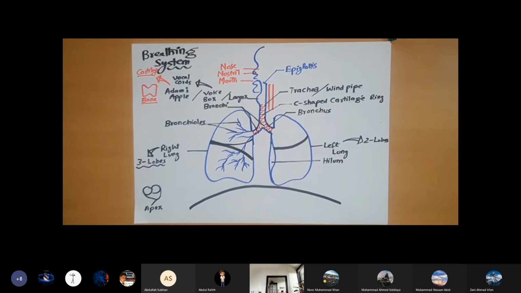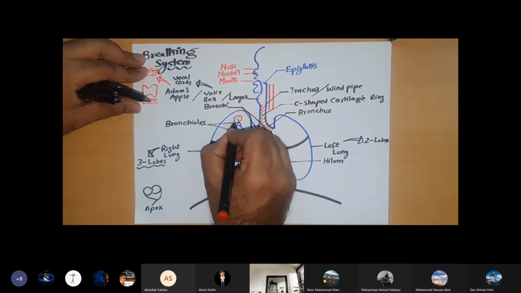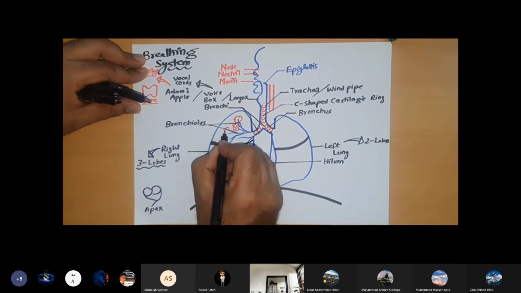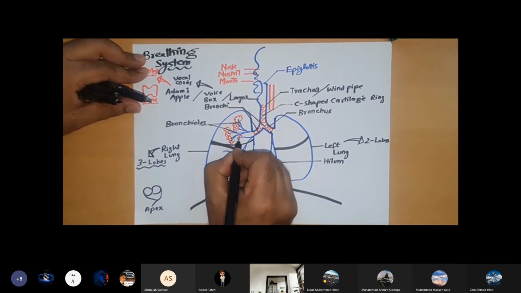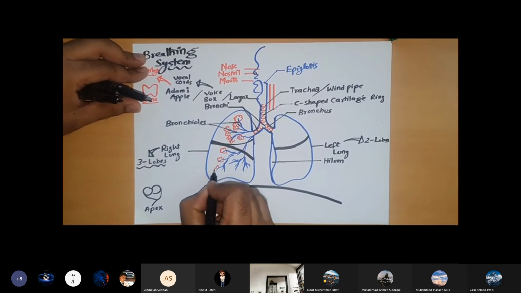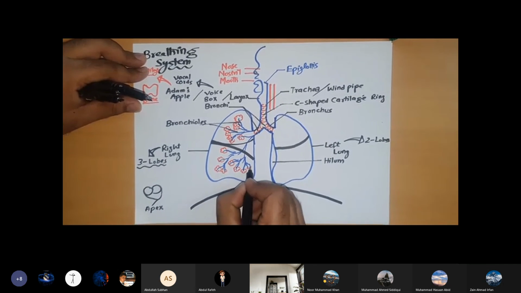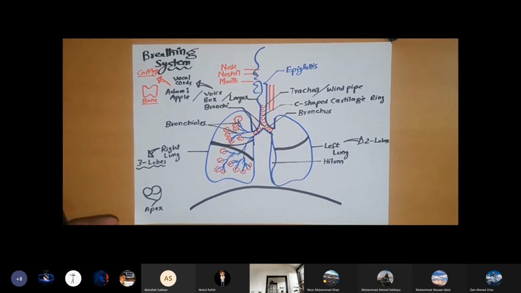Next thing we are going to discuss is that each bronchiole then ends up in small pouch-like structures, and I'm drawing these with red color so that we can differentiate. Remember, in each lung there are about 30 million of these pouch-like structures.